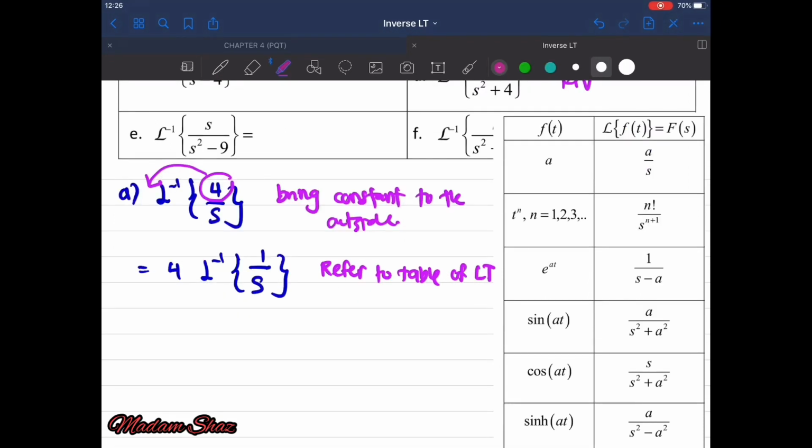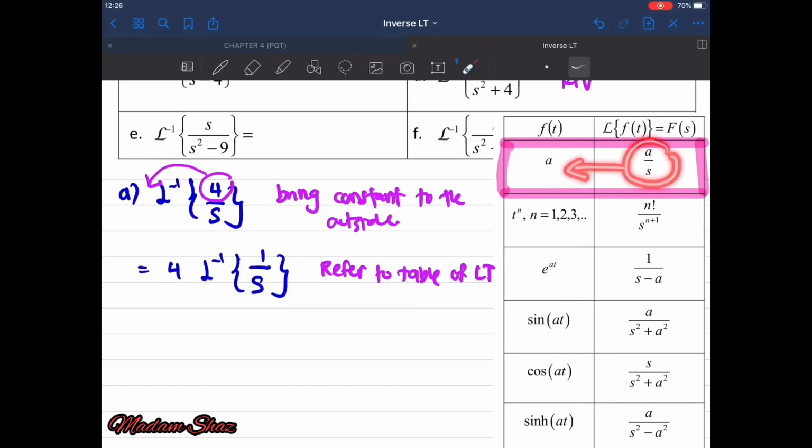By referring to the table, this is the suitable one, whereby we have a over s will become a. So we have to determine what is our value of a now. So from here, we want to know the value of a. a is the value at the upper side. So for this one, our a is equal to 1.